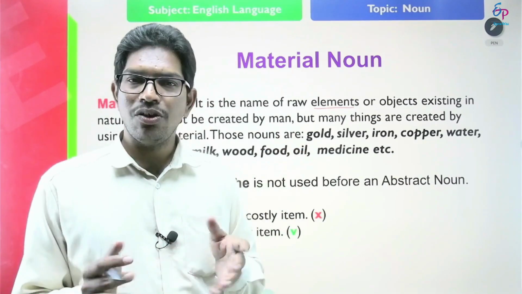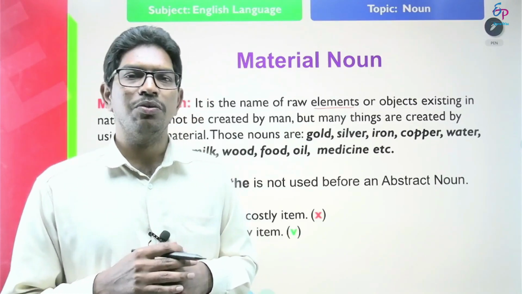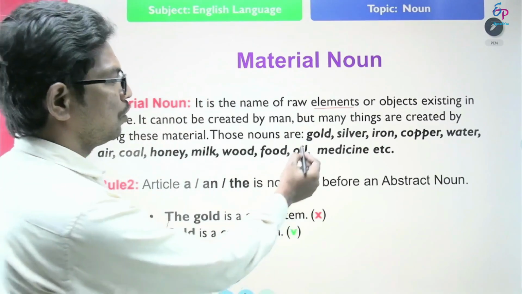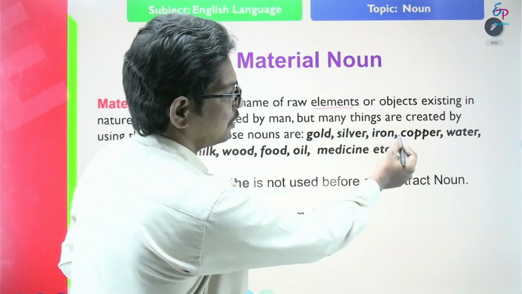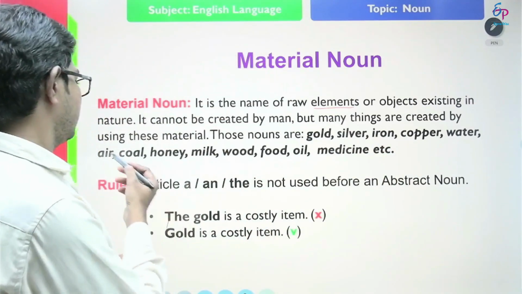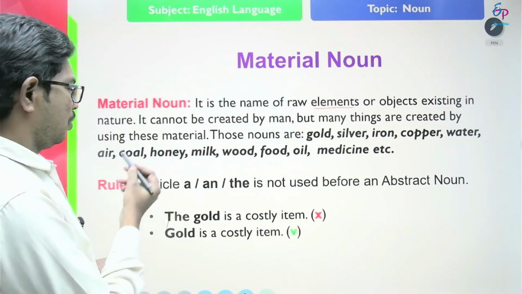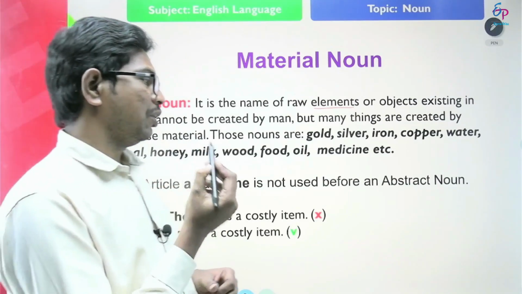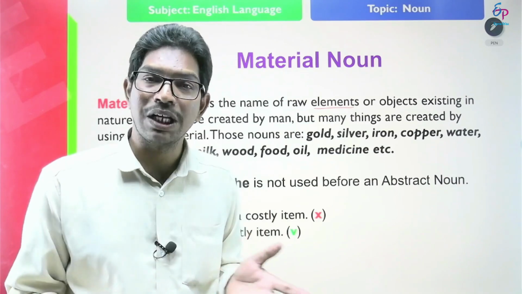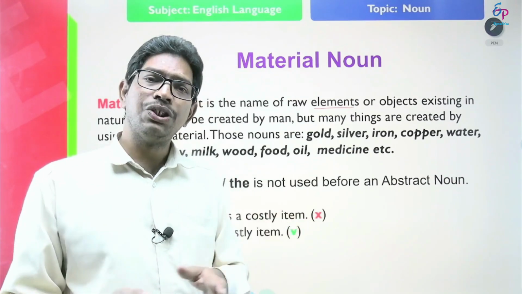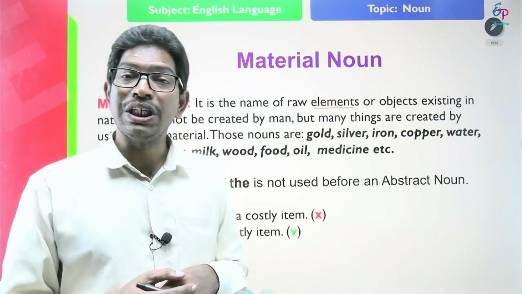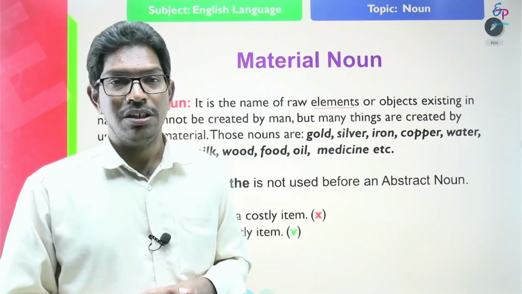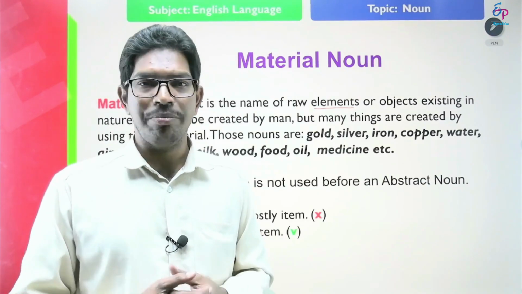What are they? Gold, silver, iron, copper, water, air, coal, honey, milk, wood, food, medicine, zinc, potassium, all which are existing in nature are called material nouns, because they are not man-made.